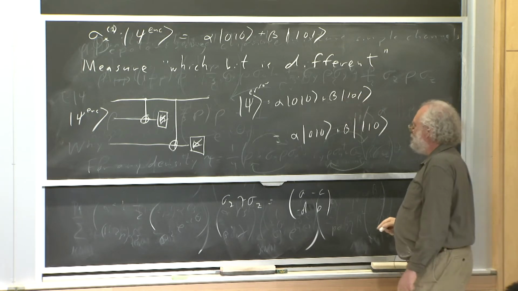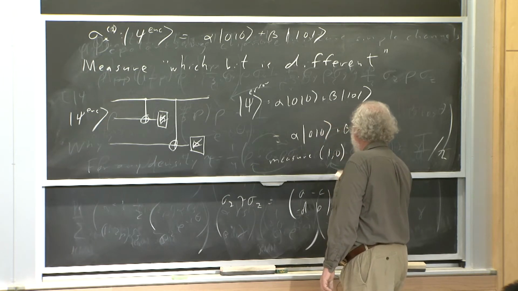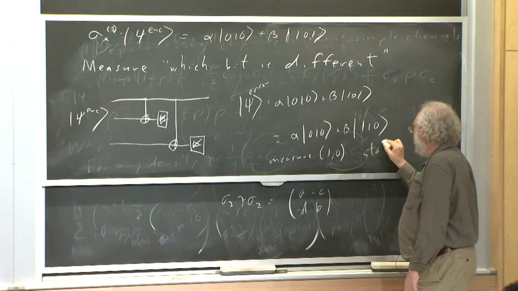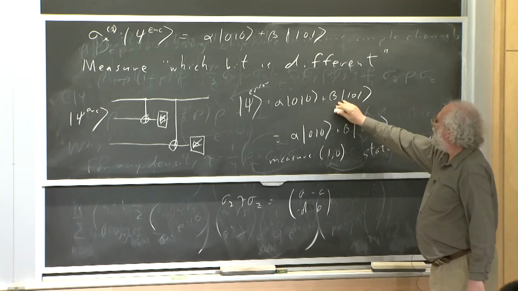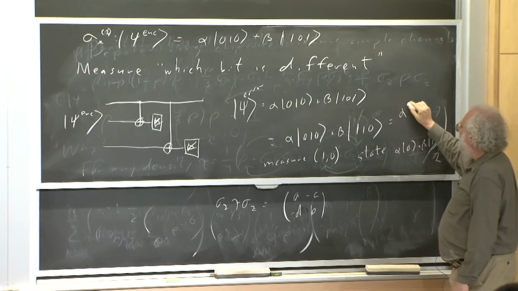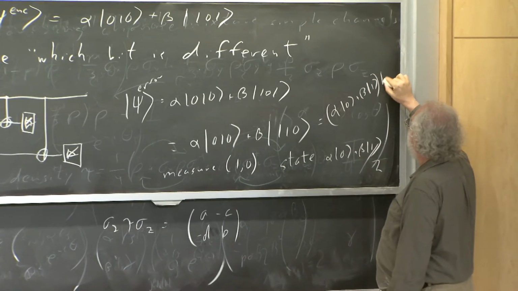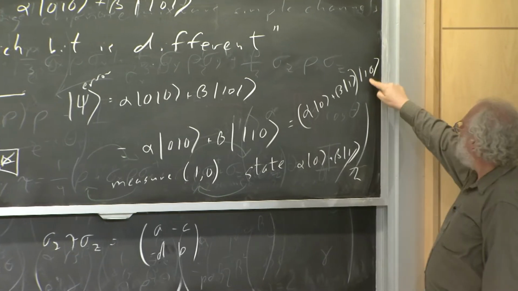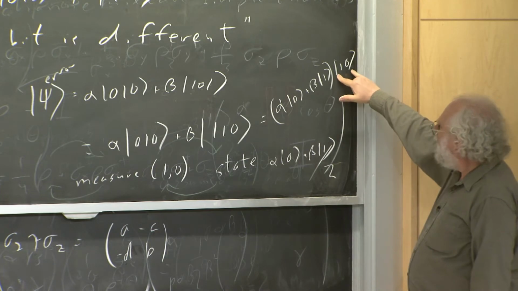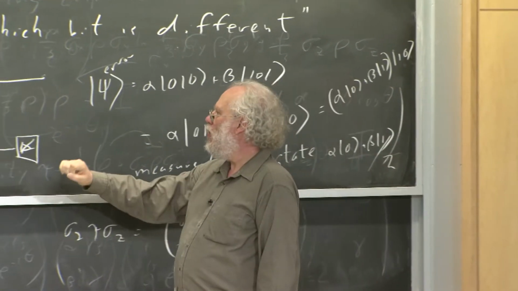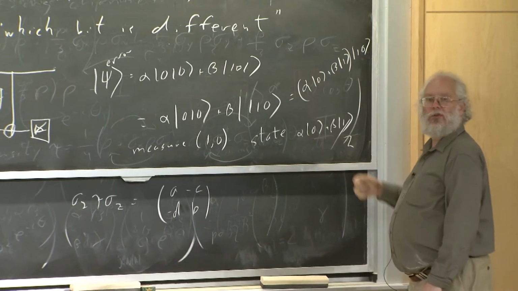And you measure 1, 0. And your state is alpha 0 plus beta 1, because this is equal to alpha 0 plus beta 1 times 1, 0. And you're measuring these guys. So what you measure tells you that your second bit is wrong, and you've recovered the first bit.